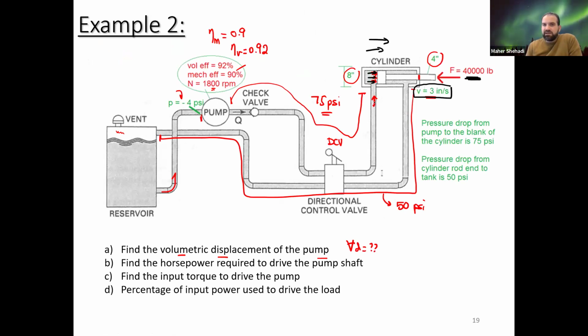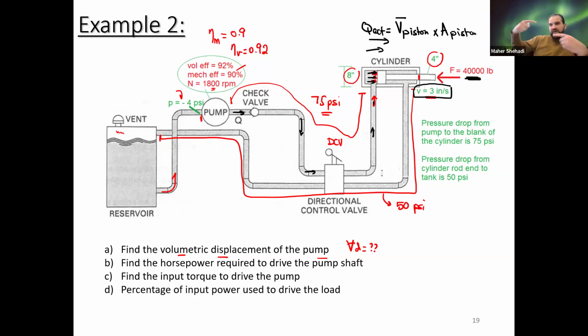So the flow rate that comes from here is the same that goes all the way into the cap area of the piston. So Q actual, the measured, is the velocity of the piston, V, times A cap of the piston.